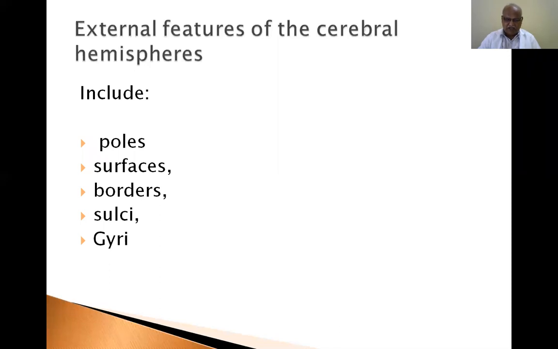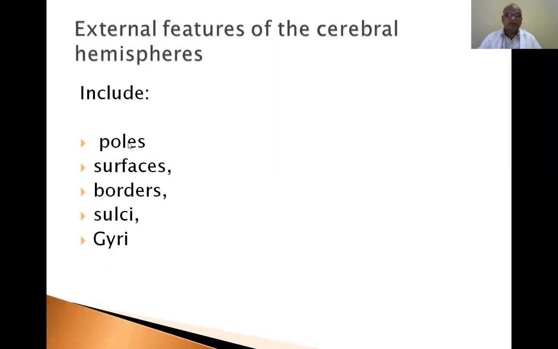So three poles are there. Like that, you can identify the poles, surfaces, and borders by comparing with a sectioned boiled egg, or by seeing the cerebral hemispheres or brain mass present in our museum, with the textbook by the side.